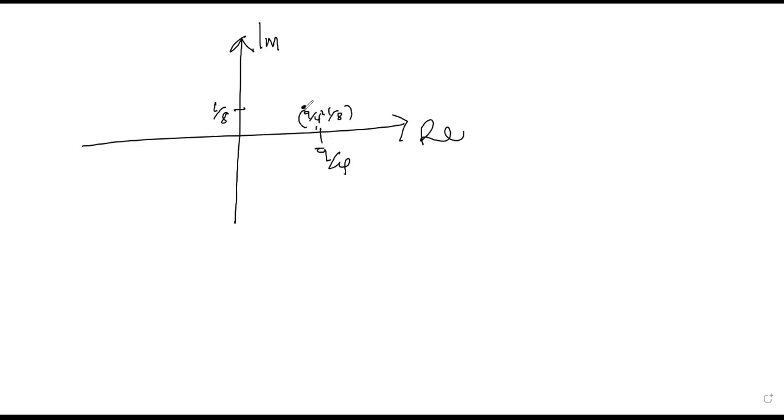Then we move 0.8 something units. If those units are somewhere like here, then you draw your circle like that. So that is what we have for that particular case.